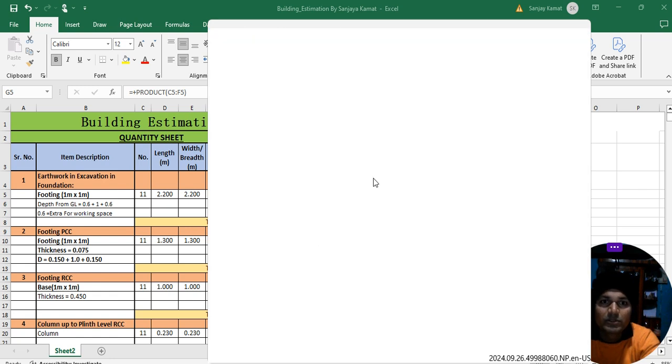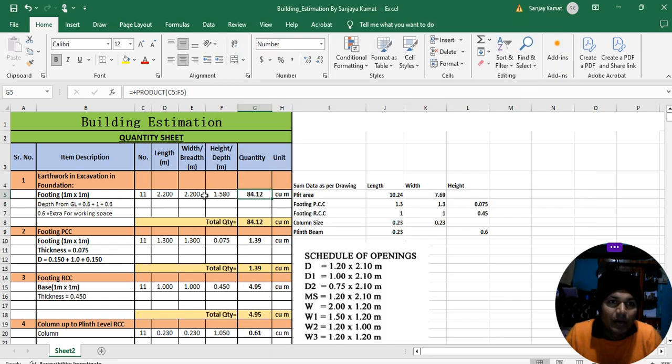See, we have to multiply all three things: the number of footings, the length, the width, and the height.